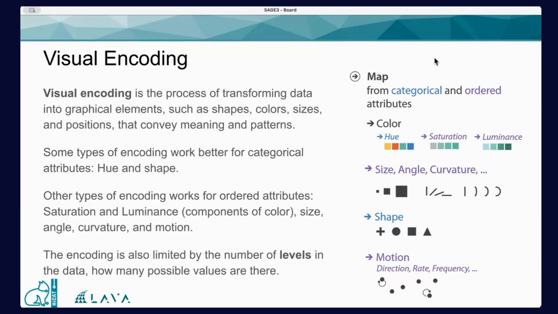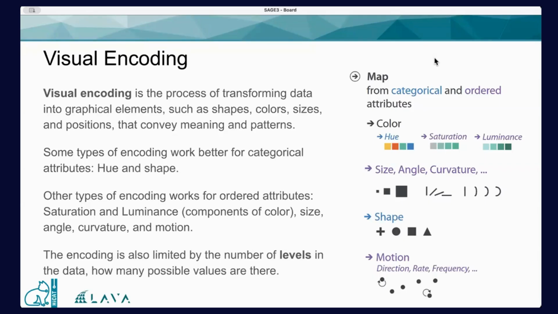So we have a bunch of different types of visual encodings that we can choose from, and a lot of these are better or worse depending on the type of data that you're trying to map. For example, if we have categorical data, then we're probably going to map it to something like hue or shape.